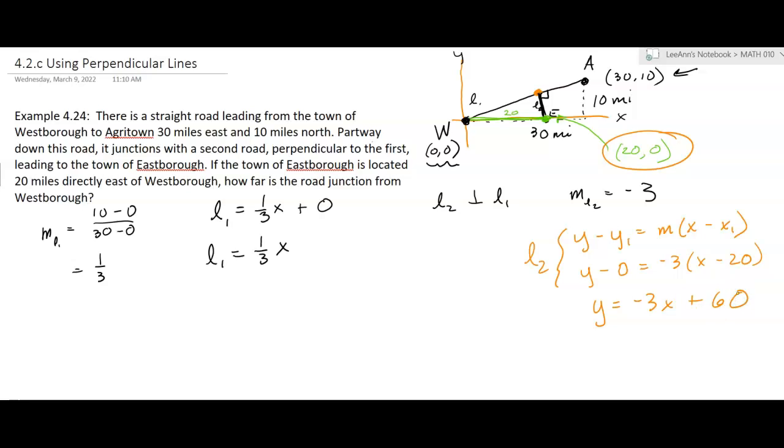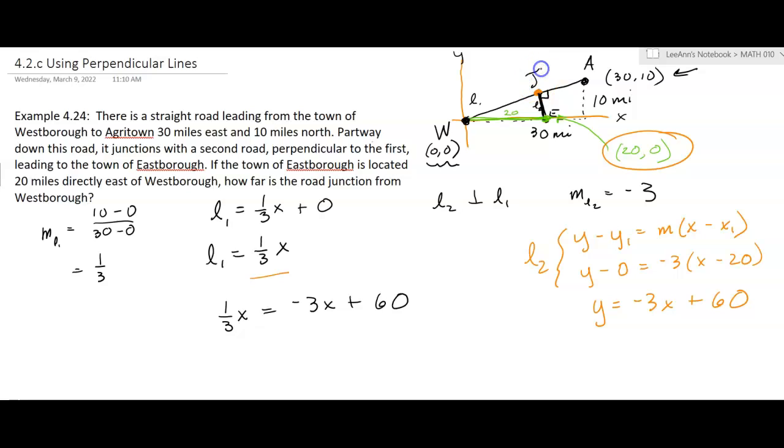And we want to know when those are going to be meeting, right? So when does line 1 equal line 2? When does 1/3 x equal negative 3x plus 60? That would be where the junction is.